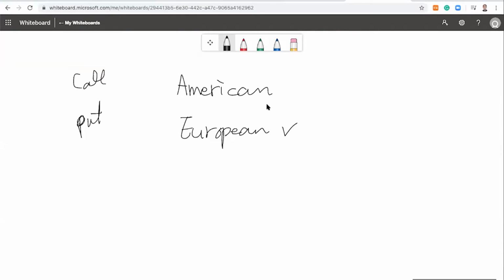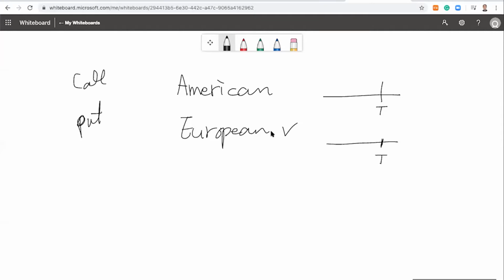they both have the same maturity. The American option has maturity at T, and the European option also has a maturity at T. But for the European option, you can only exercise your option on the maturity date.